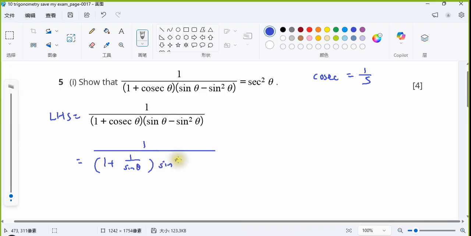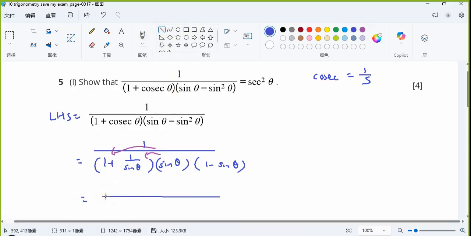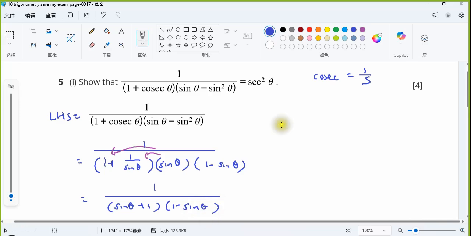This one we factorize sine theta, then we have the 1 minus sine theta. So the sine theta we expand into here. Then we have 1 over sine theta plus 1 minus sine theta.